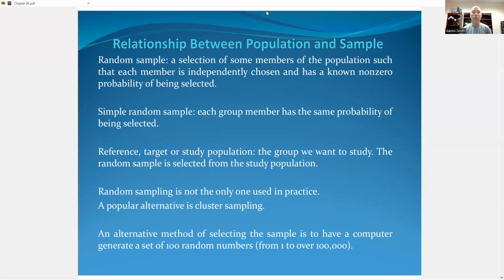So for reference, there is the target, or study population, the group we want to study, and the random sample is selected from the study population. Random sampling is not the only method used in practice. An alternative is cluster sampling. Another method of selecting the sample is to have a computer generate a set of random numbers.